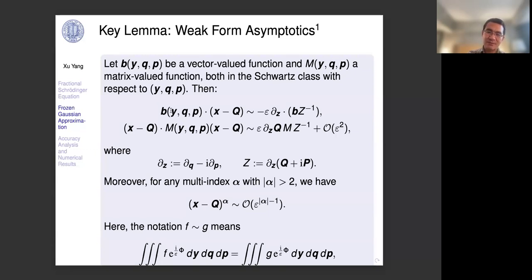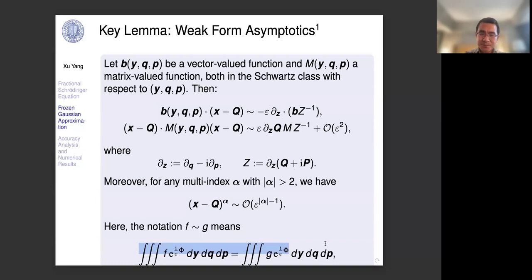So this is the integration by parts trick. As I said before, x minus q is on the scale of the square root of epsilon. However, if you think about this in the weak sense, where you are not matching the asymptotics one by one, we're not deriving one wave packet dynamics, but the effective dynamics for all of the wave packets.